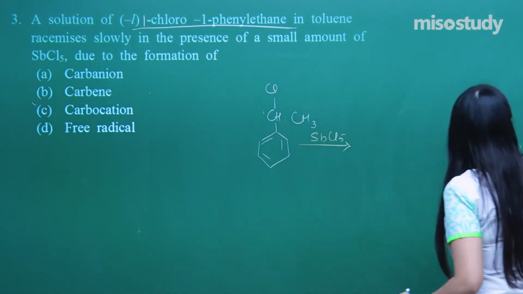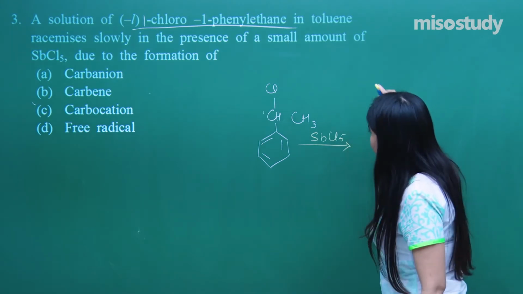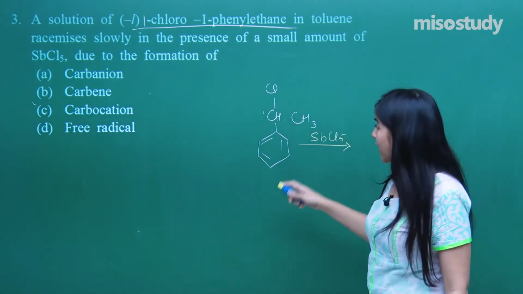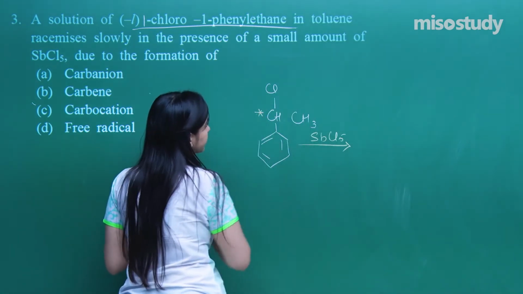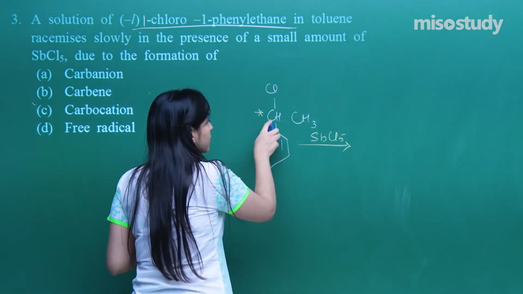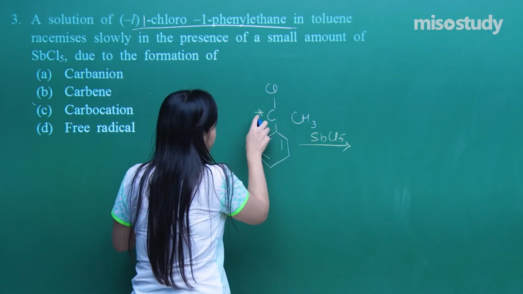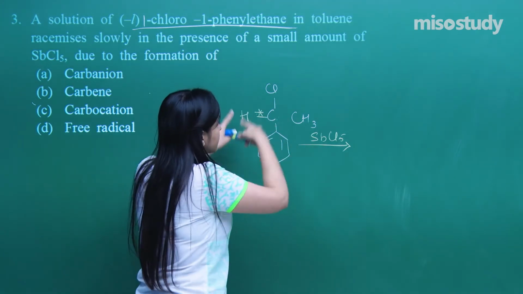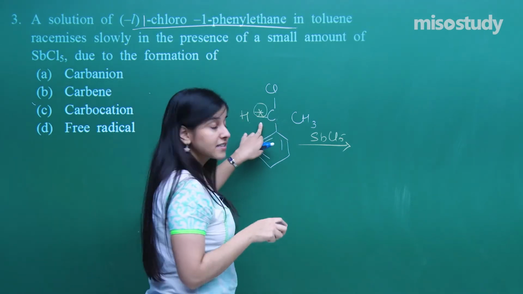So let us just look at the concept over here quickly. Whenever there is a reaction which has a carbon here, a chiral carbon. What is a chiral carbon? A carbon which is attached with all 4 groups different. Here I have got all 4 groups different, that means it is a chiral carbon, that is why I have marked it with a star.